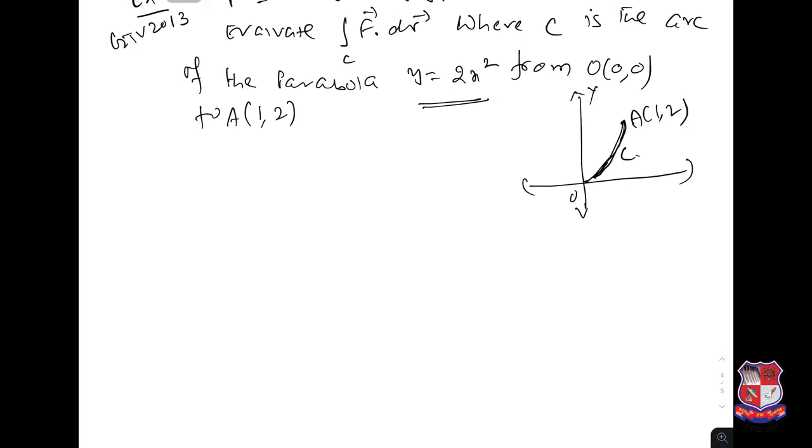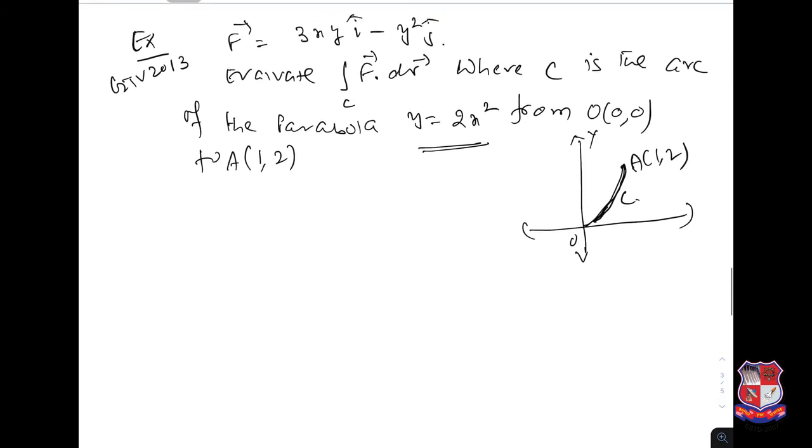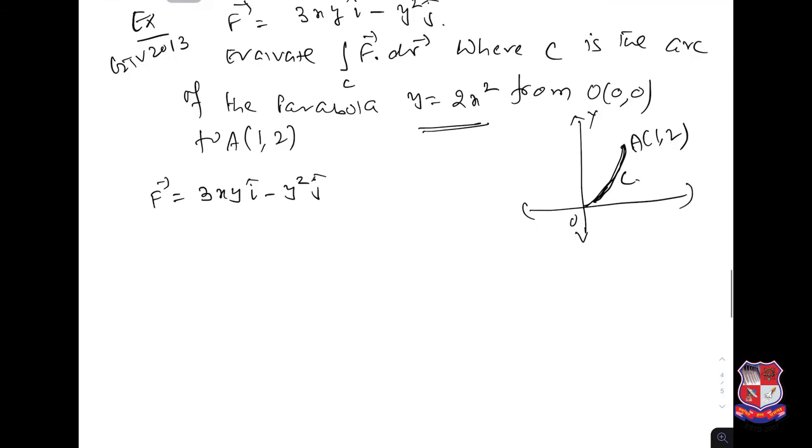So, this is our curve C. So, now here you are having f is 3xy i minus y square j, and the curve is y equal to 2x square, and the arc is from origin (0, 0) to A (1, 2).